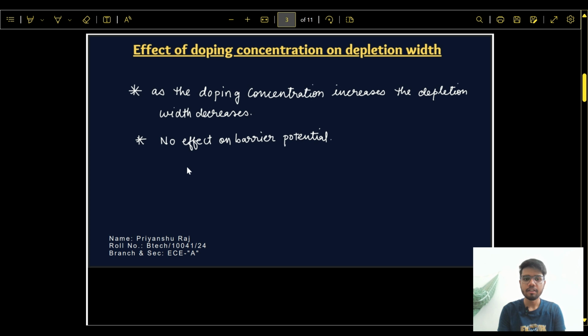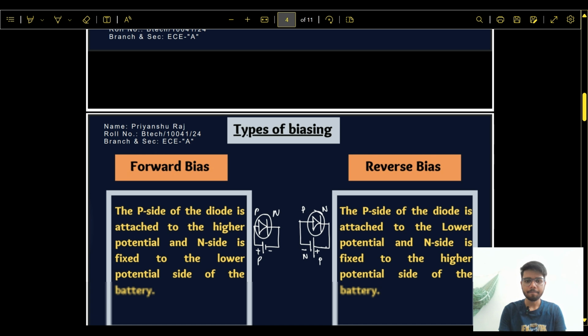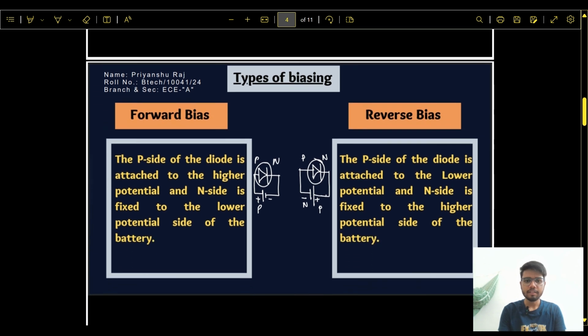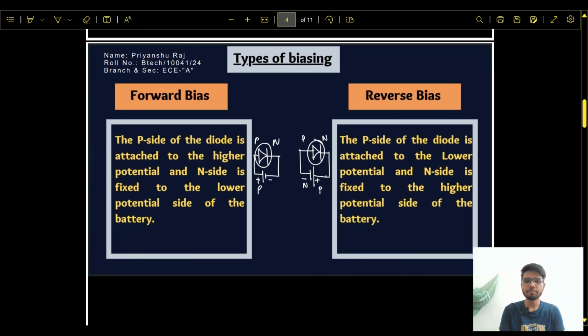As the doping concentration increases, the depletion width decreases. No effect on barrier potential. We see, if we increase the doping, the width of the depletion region decreases, hence the current increases, but it has no effect on the barrier potential. In the next slide, we have types of biasing.